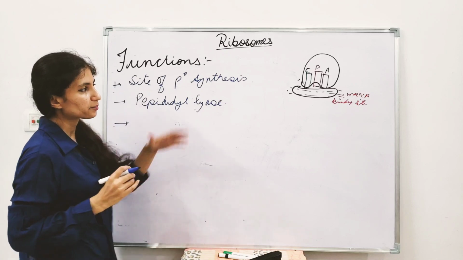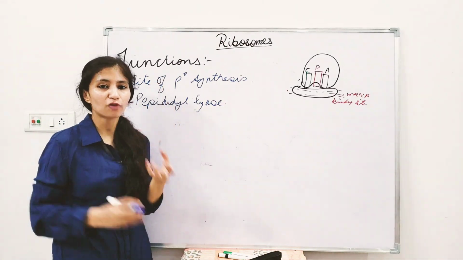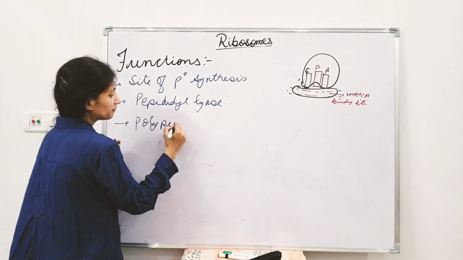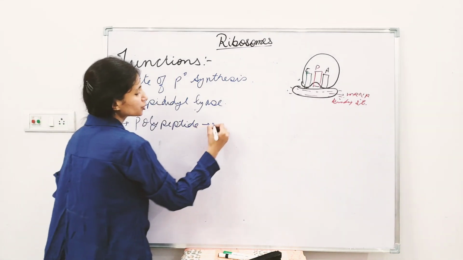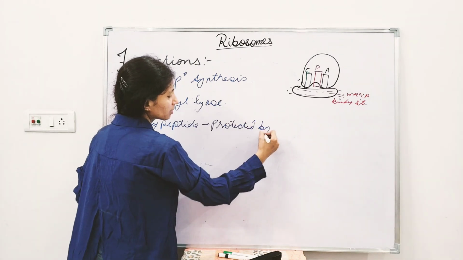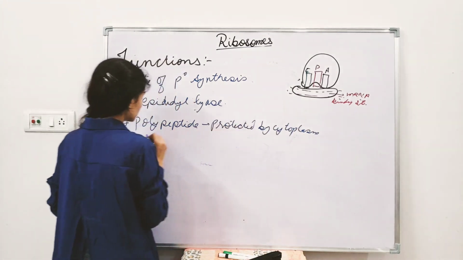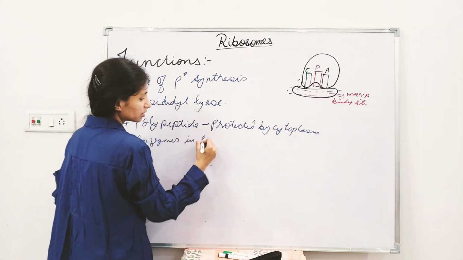Other than that, ribosomes also help the newly formed polypeptide chain. The newly formed polypeptide chain is protected by cytoplasmic enzymes in the large subunit.